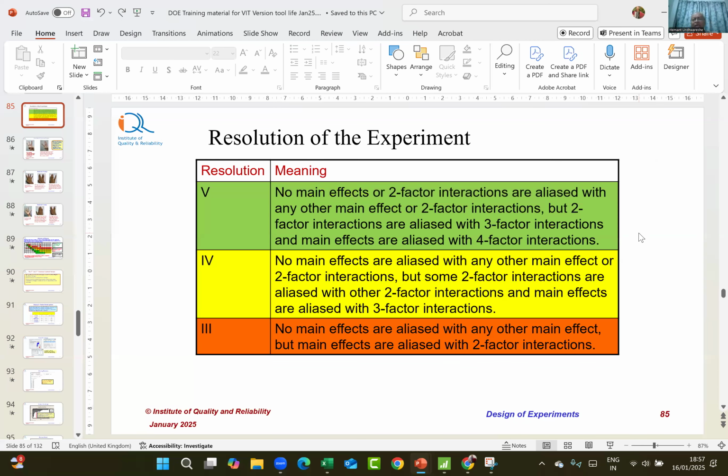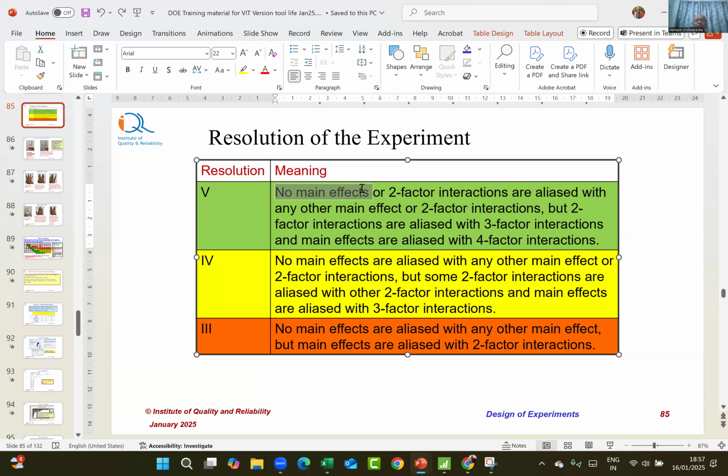Confounding is also called aliasing. Alias means two different names for the same quantity. So no main effects or two-factor interactions are aliased with any other main effects or two-factor interactions, but two-factor interactions are aliased with three-factor interactions.